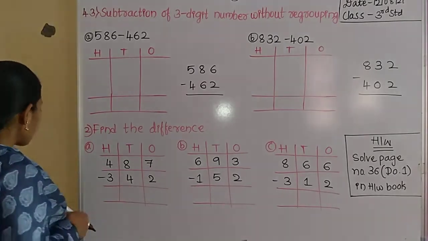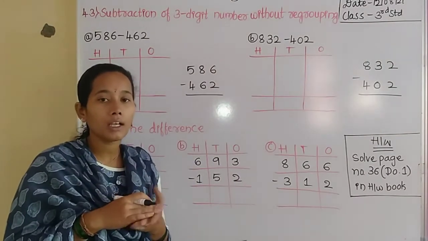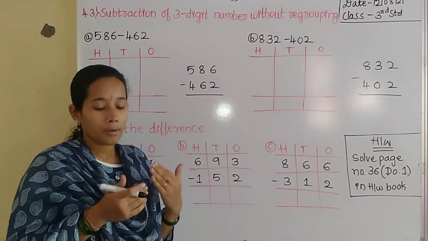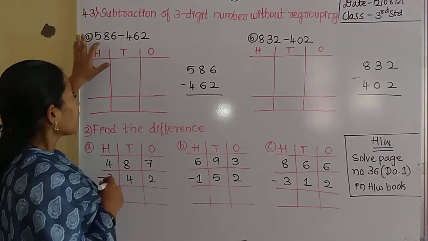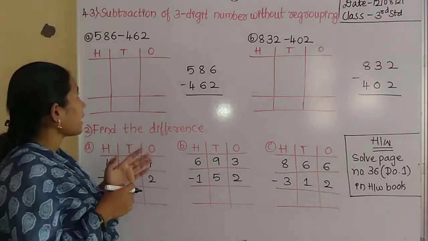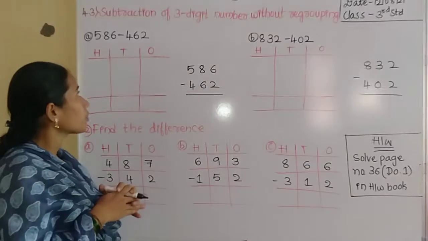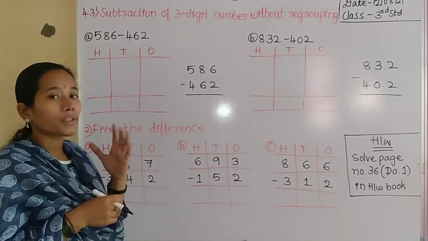See the first one. We have to subtract the numbers with the representation of the place values by the pictures of dots. See the first one, A one: 586 minus 462. Here 586 is the minuend and 462 is the subtrahend.